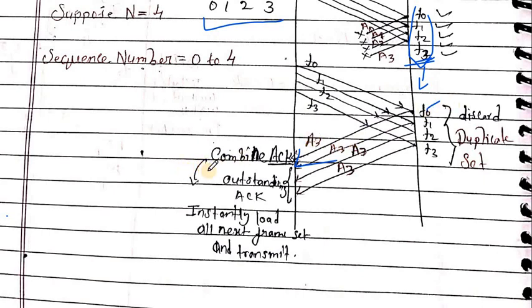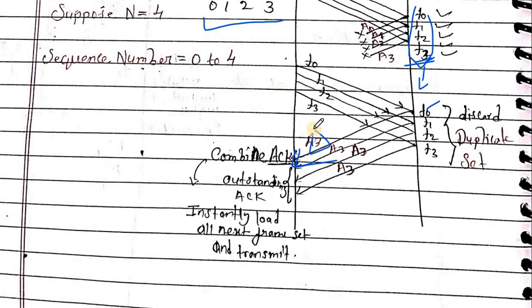After getting the acknowledgement of A3, the transmitter side concludes that up to frame 3, all frames are received. Now it wants the fourth frame.